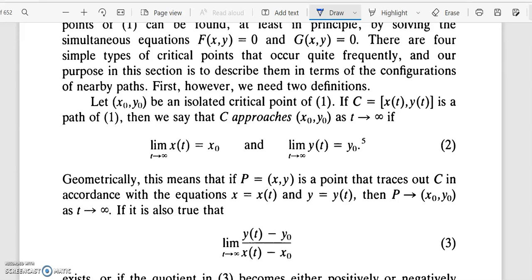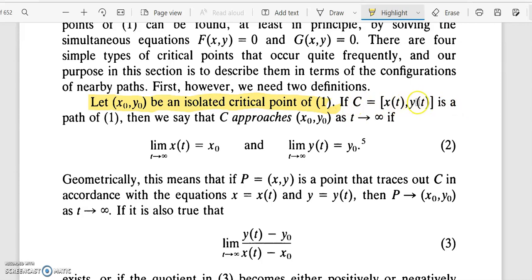Let x0, y0 be a critical point of your autonomous system, so f equal to 0 and g equal to 0. Let x0, y0 be an isolated critical point, and let c be the path which is traced by the solution curve x equal to x of t and y equal to y of t.